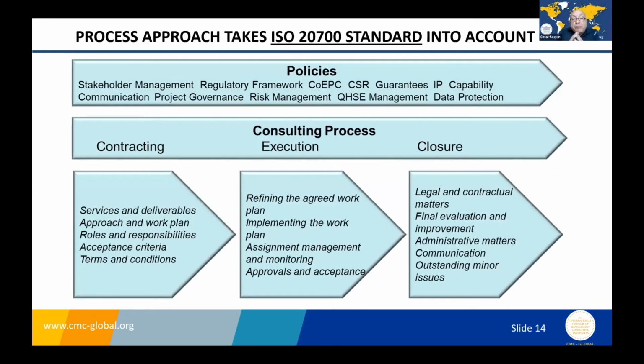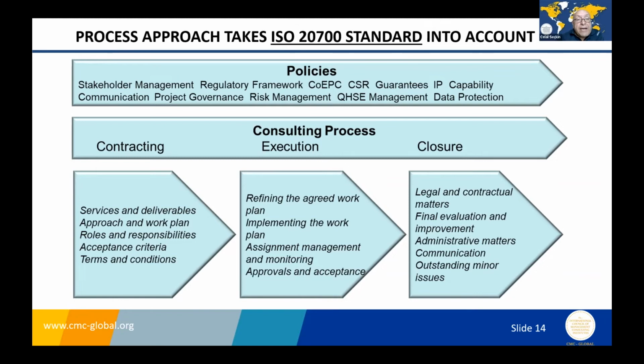As an overall approach, we have the policies at the top, including CSR, IP, capability, project governance, communication, etc. These are also mentioned in ISO 27700. These are expected to be included in the IMC documents as policies related to CMC.